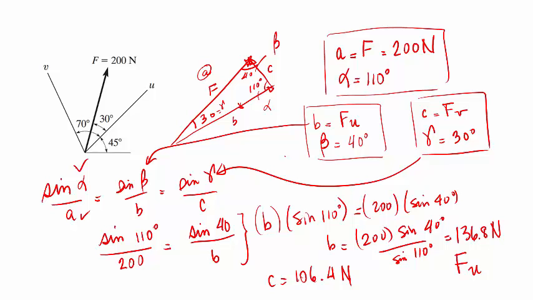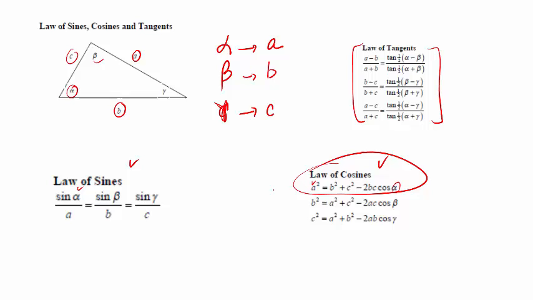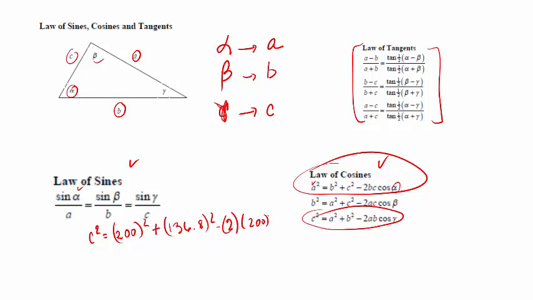Okay, now I want to do one last check. If we look at the law of cosines here, let's do a check for C. Okay, so C squared equals A, which was 200, squared plus B, which was 136.8, squared minus 2 times 200 times 136.8 times cosine of gamma, and gamma was 30.